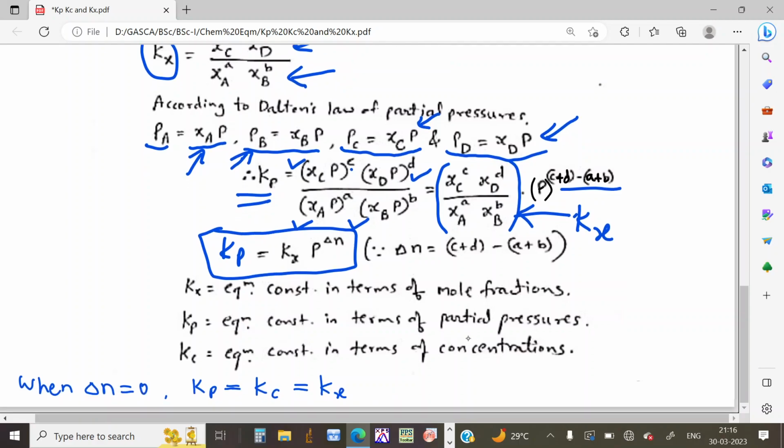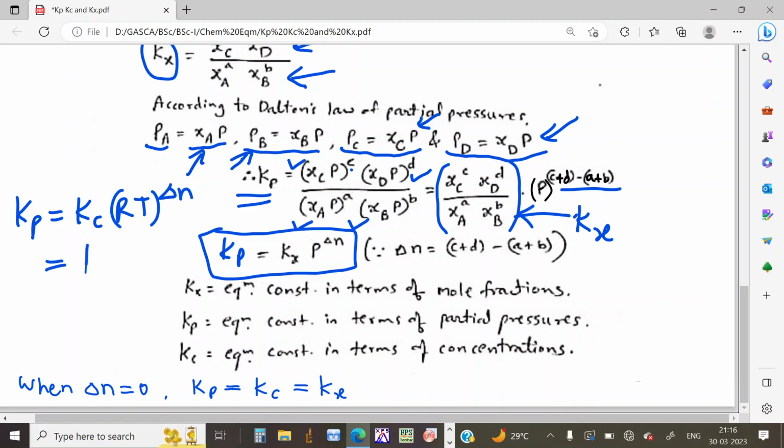So the relationship between Kp and Kc is Kc RT raised to delta n, which is nothing but Kx P raised to delta n. Okay.